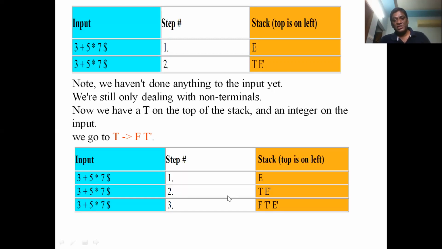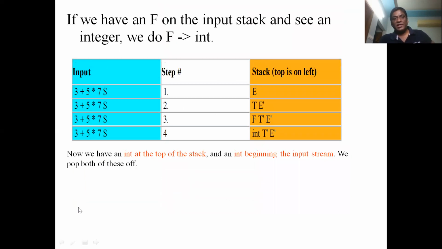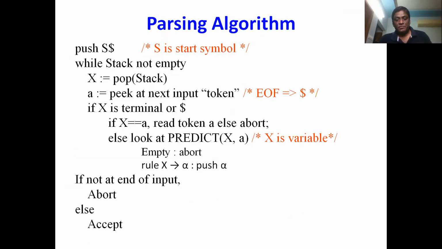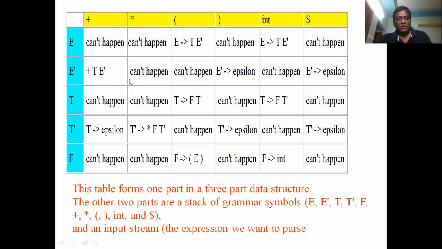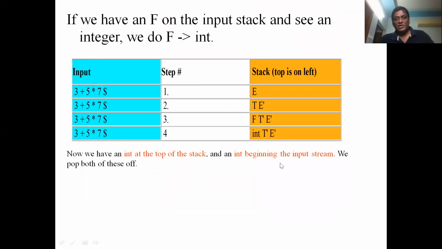Now the combination is F on 3, that is integer. F on int is int only. So we replace this F with int.